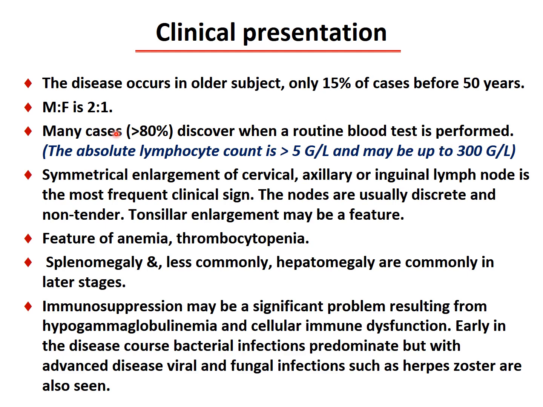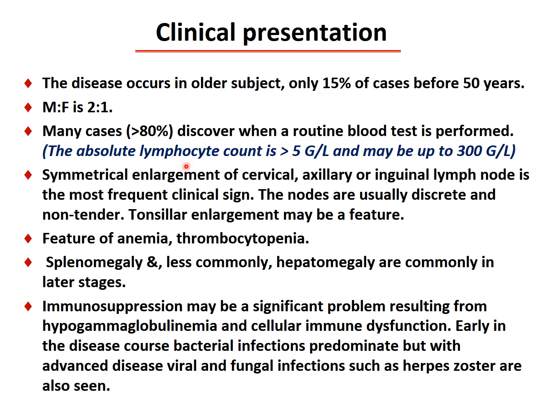So this disease is diagnosed before the clinical symptoms occur. The patient goes for a regular yearly checkup, for example, renewing the driver's license or any kind of test, and it is found that the absolute lymphocyte count is increased. It's higher than 5 giga per liter. That's it. That's the diagnosis. Nothing else.